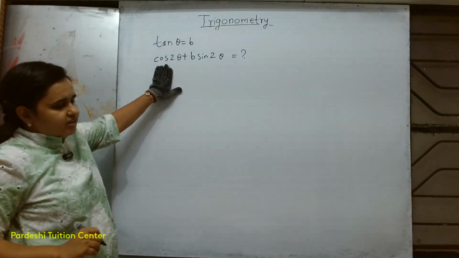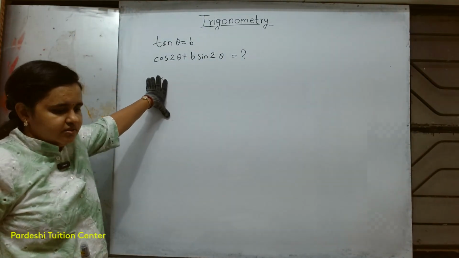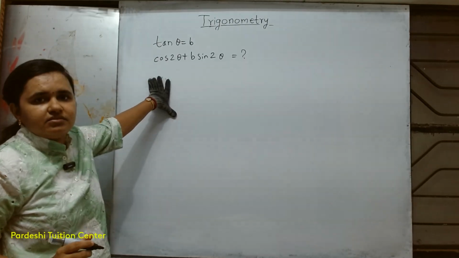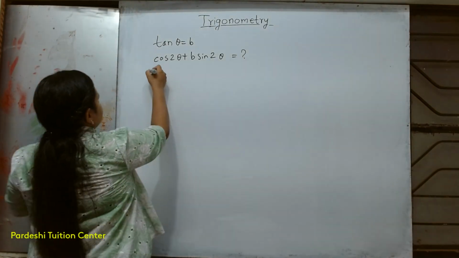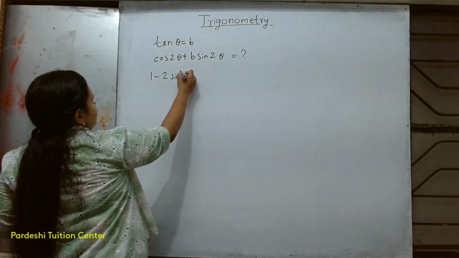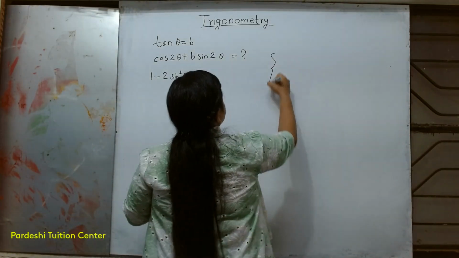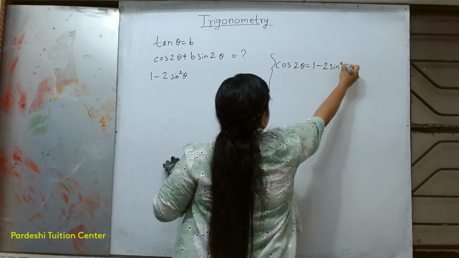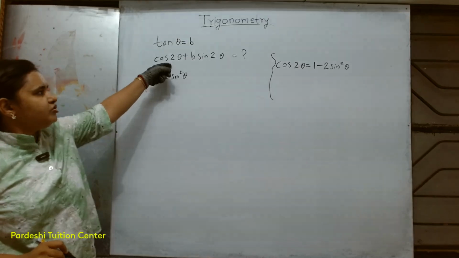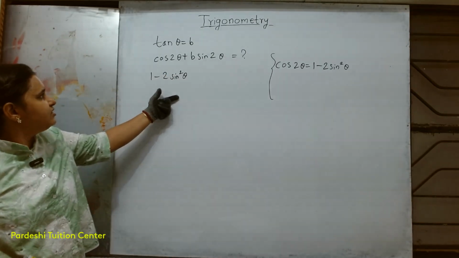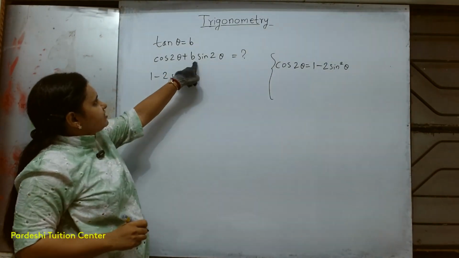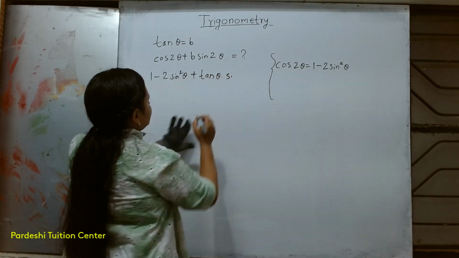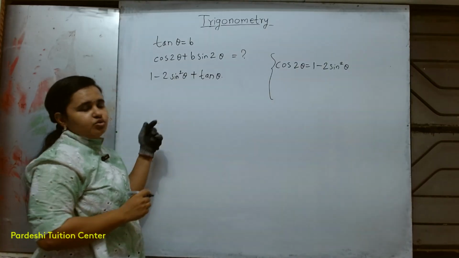So cos 2 theta, one of the formulas for cos 2 theta is 1 minus 2 sin square theta. So we can write 1 minus 2 sin square theta plus b, which is given as tan theta, into sin 2 theta.